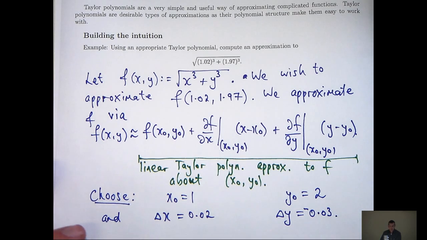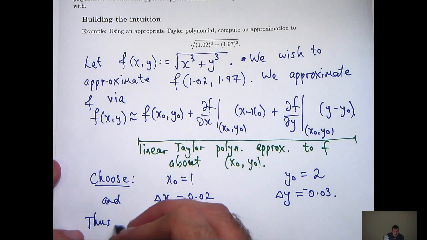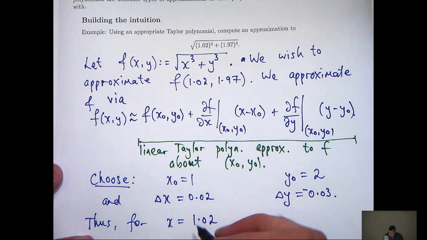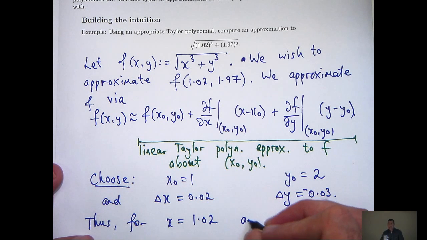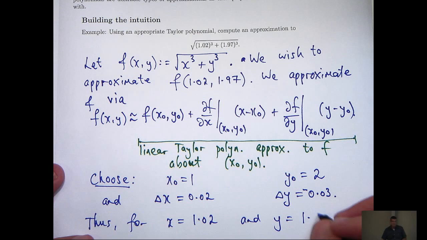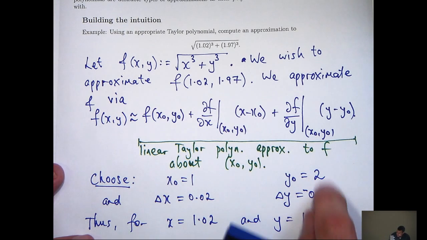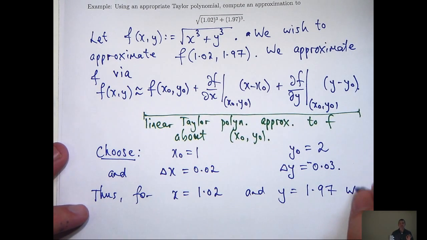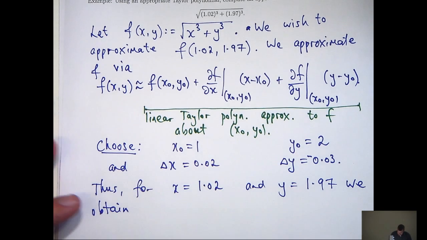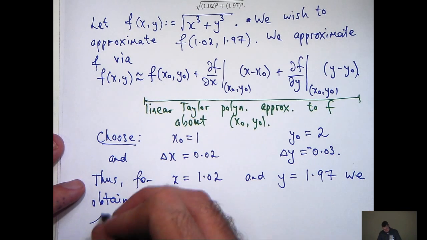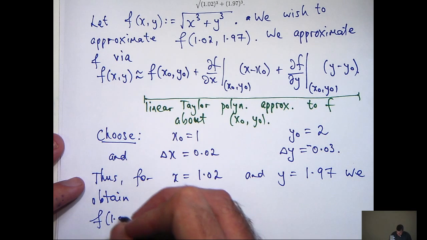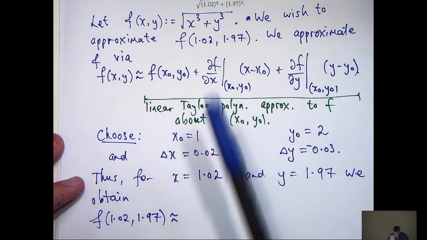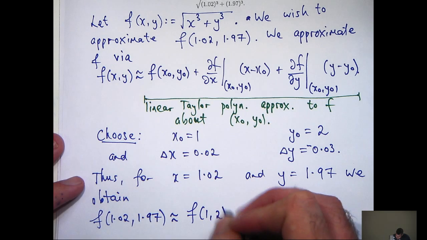Okay, so what I'm going to do now for x equals 1.02, which is this plus this, and y equals 1.97, which is this plus this, I can take that and substitute in here. So over here we're going to have the following. f of x0 comma y0 is just going to be f of 1 comma 2.